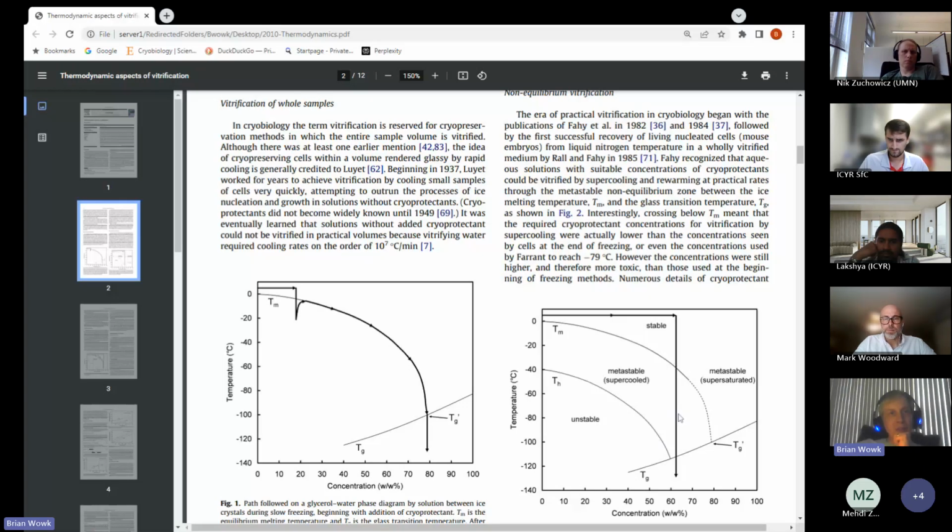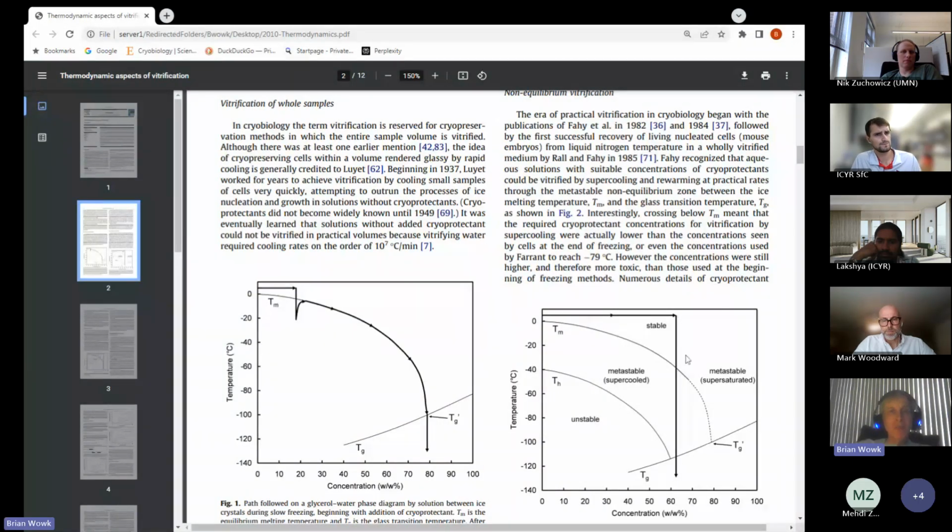Because if you move up to this concentration range, like in this case above 55 or 60% glycerol, the TH curve intersects with the glass transition curve. And if you load up before you start cooling, with that very large concentration of cryoprotectant and then just cool straight down, you can avoid ice completely.